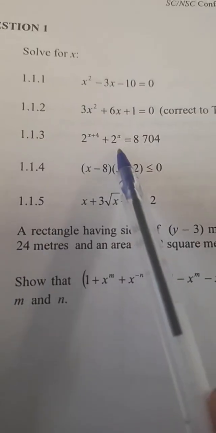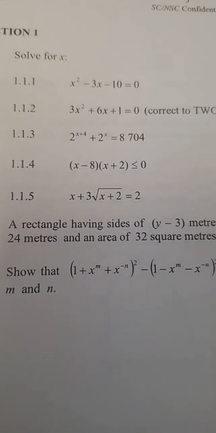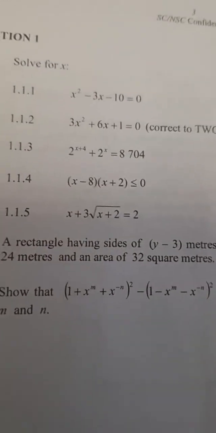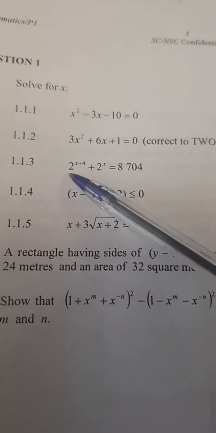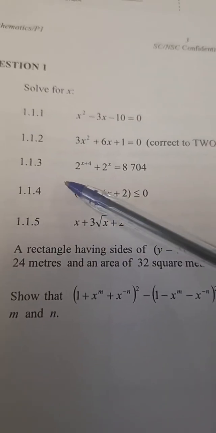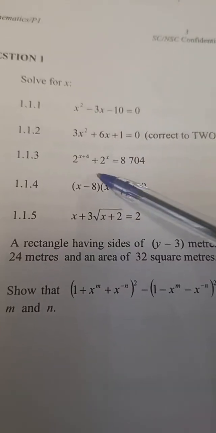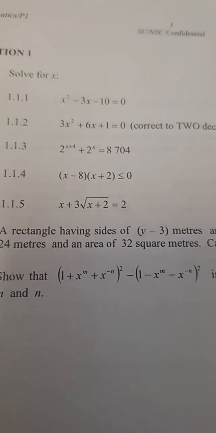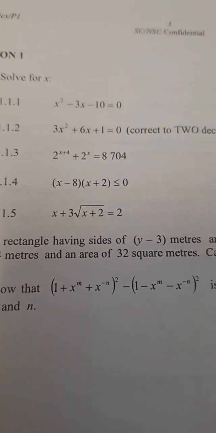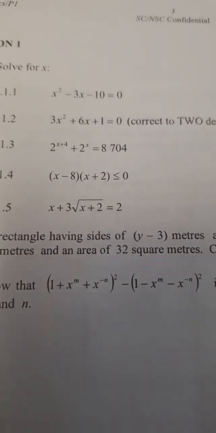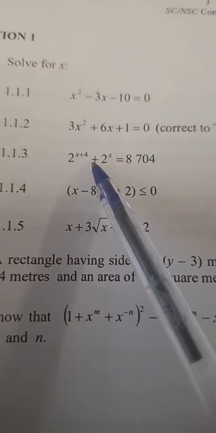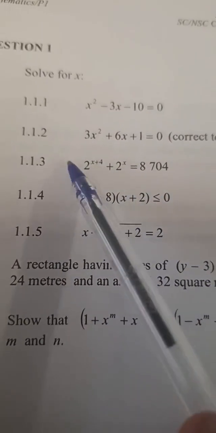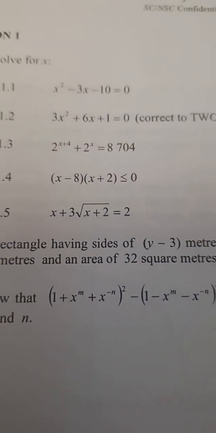Mind you, this is not the only type of exponential equation that we can get in our exams. But how do we approach this question when we are given it to answer?